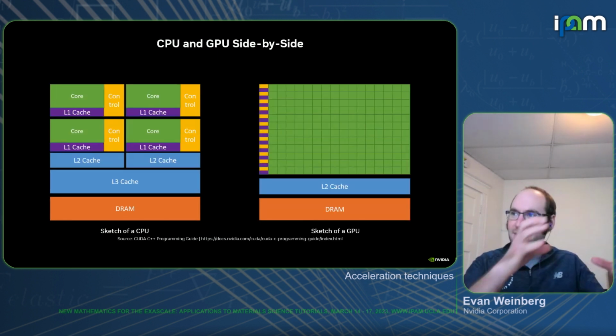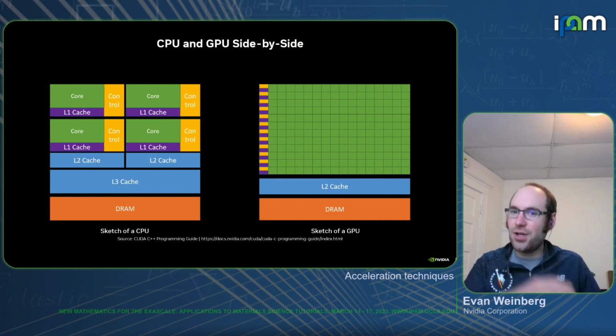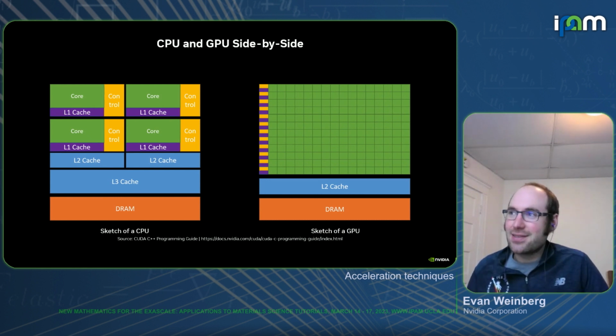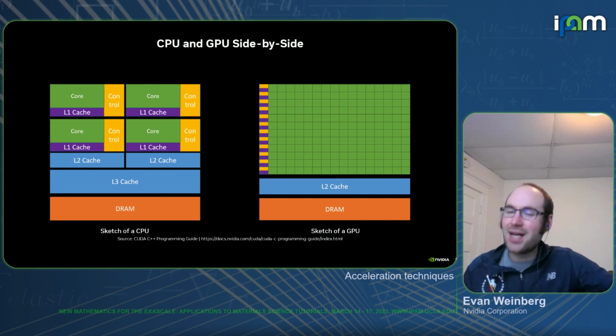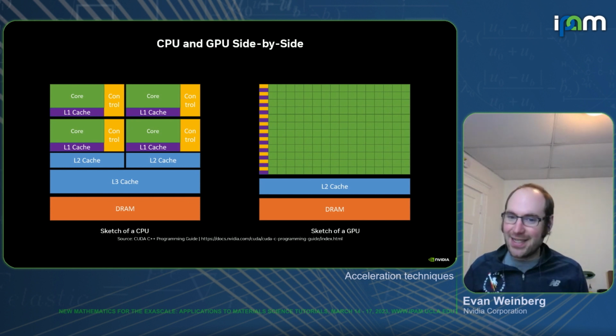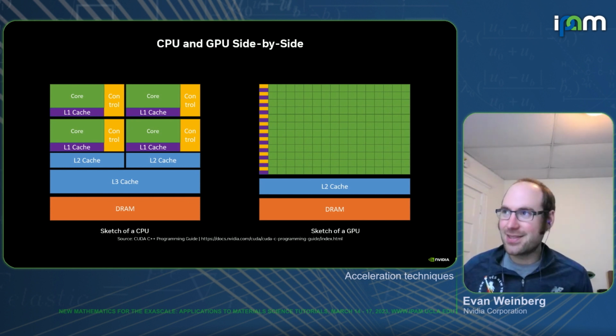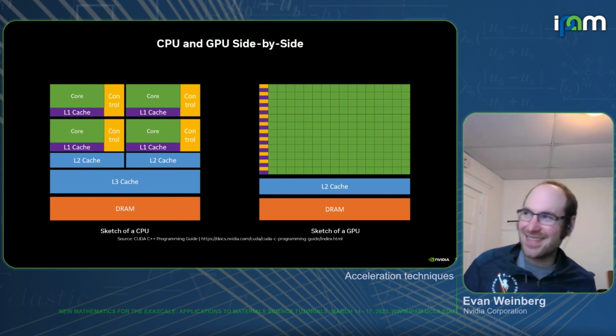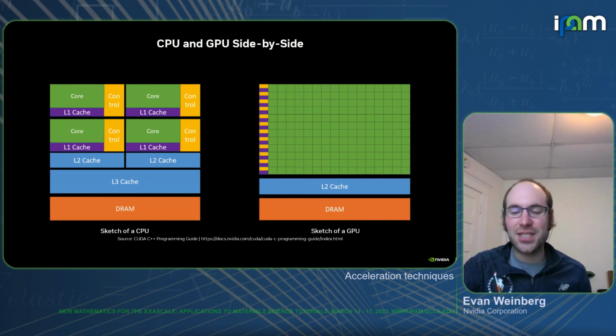On the left, we have core logic, but also control flow, caches, things like that. On a GPU on the right, it's mostly compute, and there's some control logic and a cache and things like that. But that's meant to give a very schematicized idea of the different things going on.